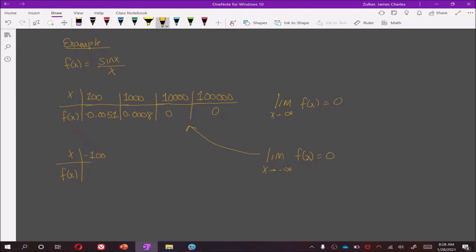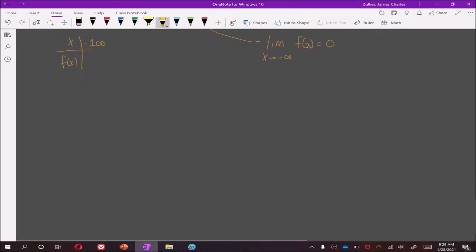And then let's now look at f of x being the inverse tangent of x.